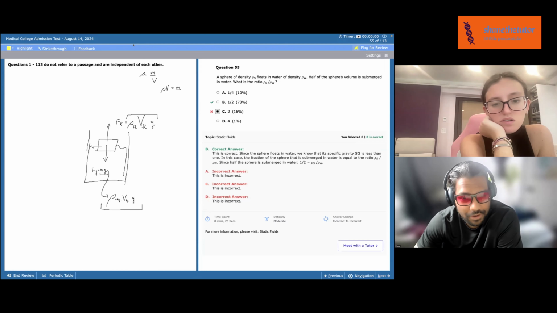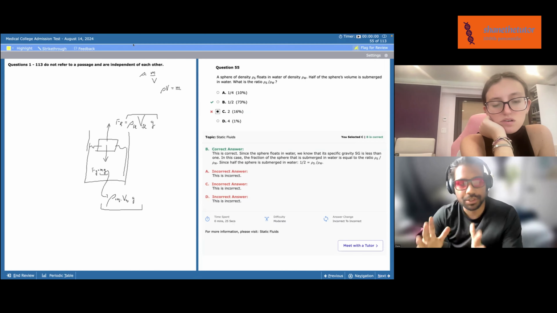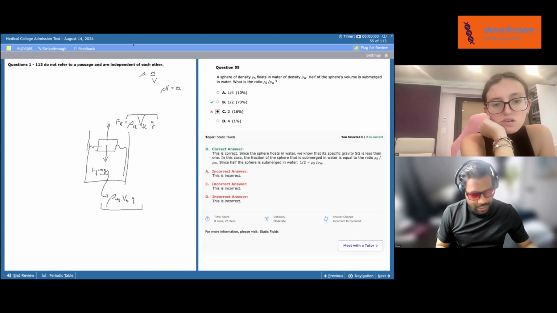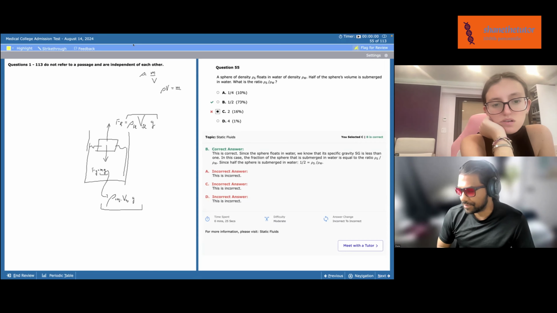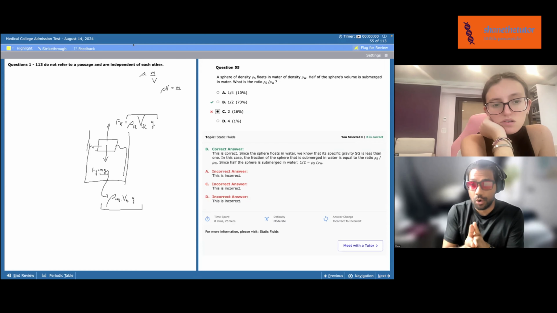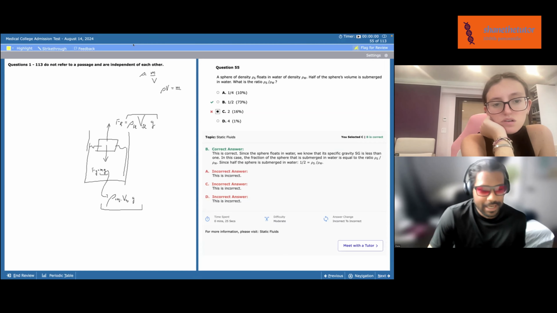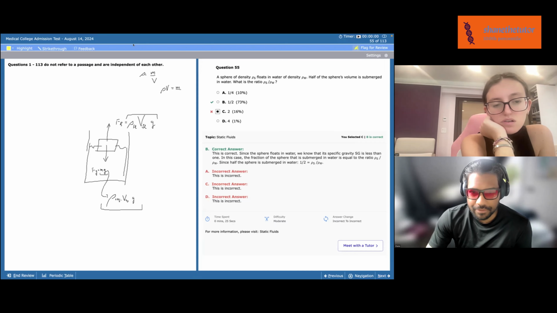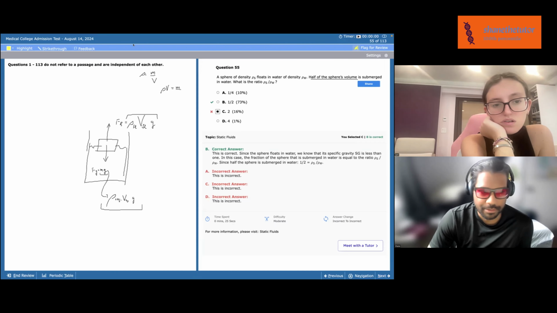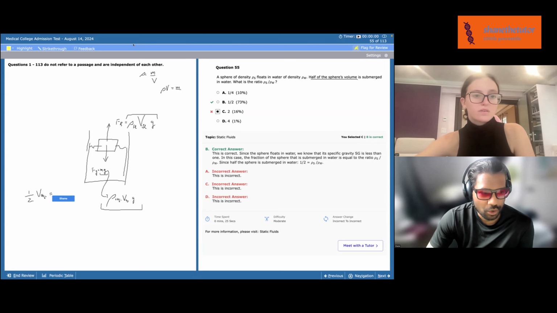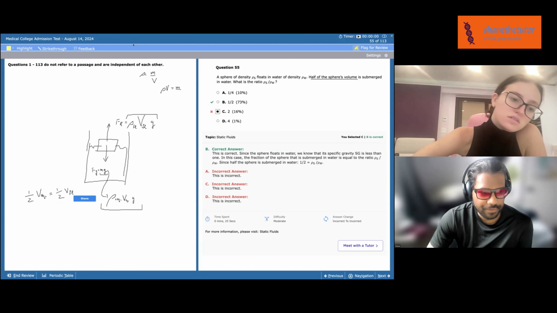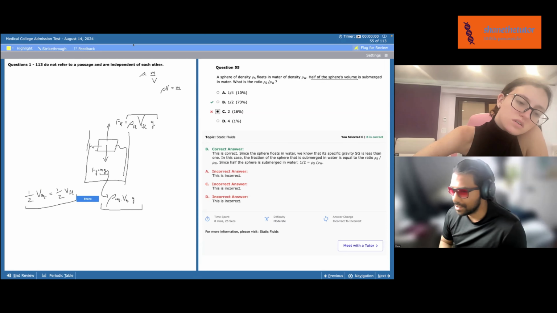Now we have to think about how buoyant force overall means that if something is submerged or floating, it must displace its own weight in the fluid, the water if it's water. So if half of the object's volume is submerged, these are going to be equal.